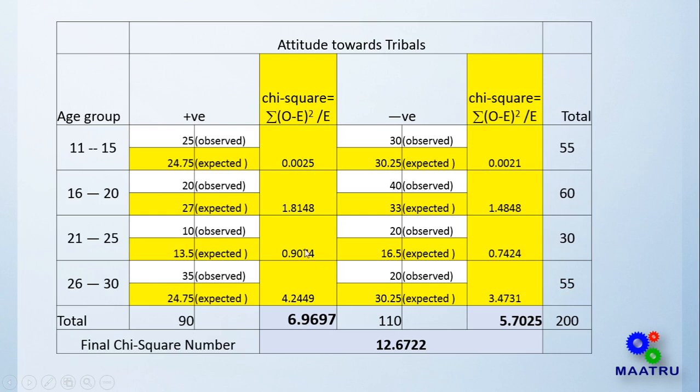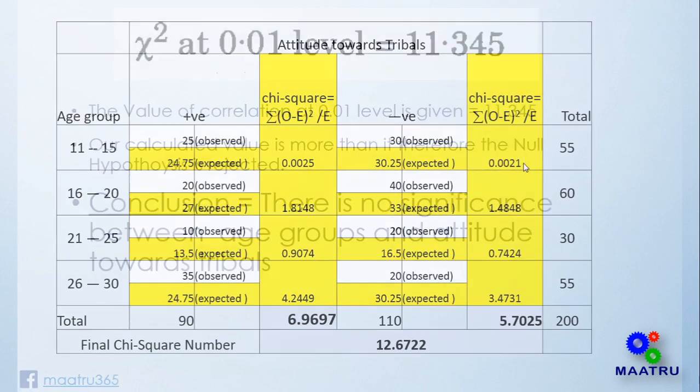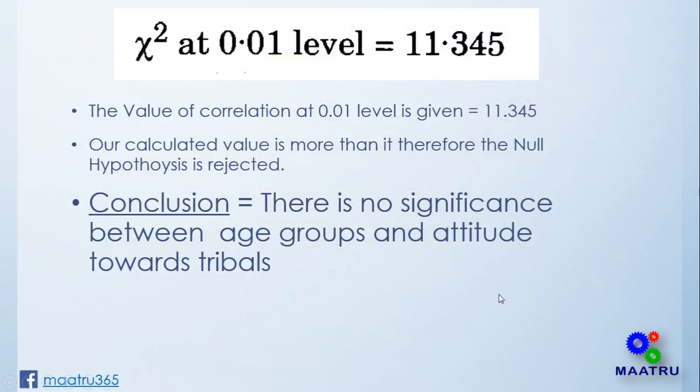We make the sum of all the calculated values of chi-square, and we get the final chi-square number, that is 12.6722. How does it come? This is the total of all the calculated chi-square numbers, and the critical value is already given in the question.